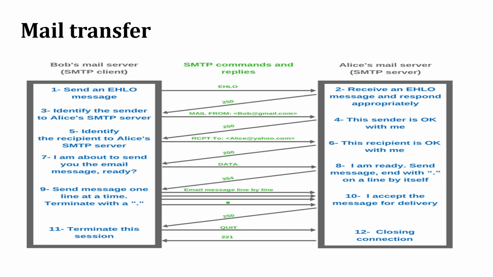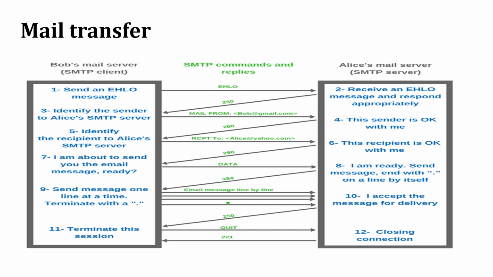Next, the client sends the recipient to command specifying the recipient's email address. The server responds with a code confirming that the receiver is valid. The client then sends the data command which initializes the transfer of the actual message content. The server responds with a code signaling that the client may start sending the message.